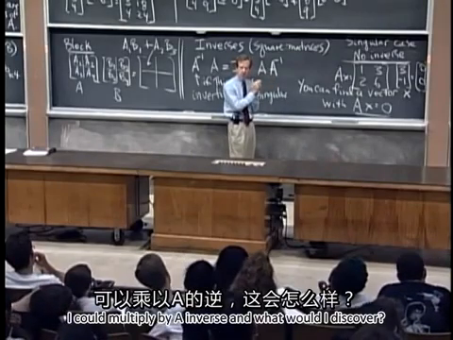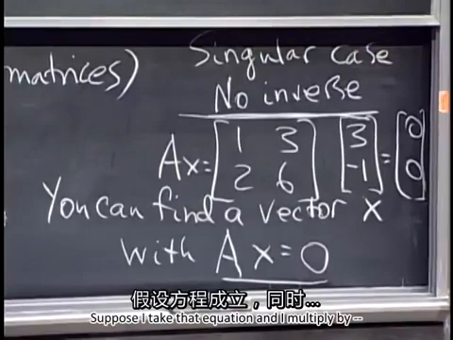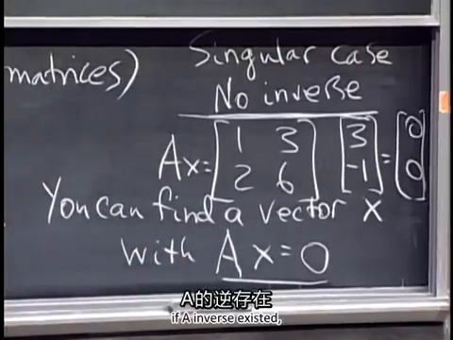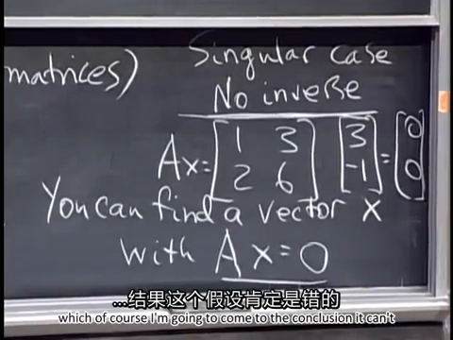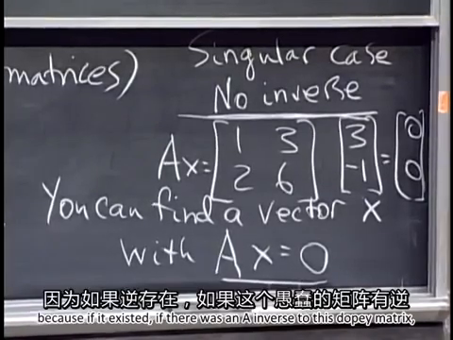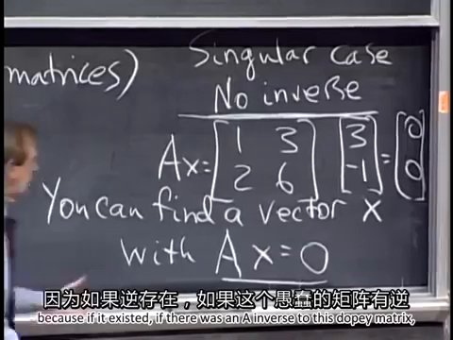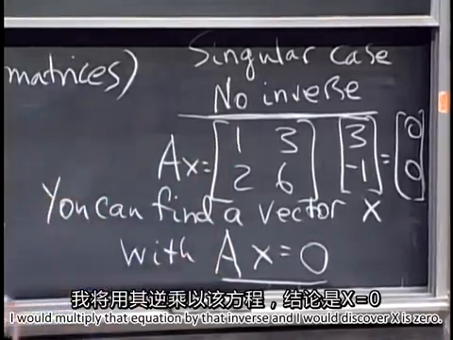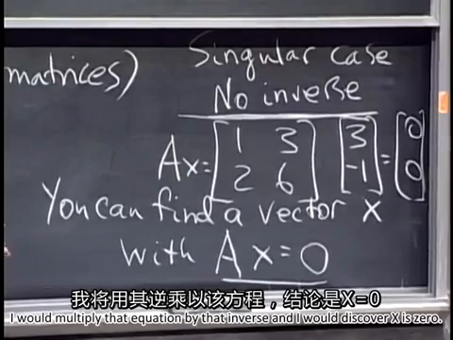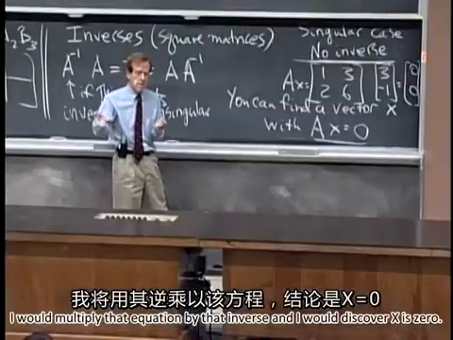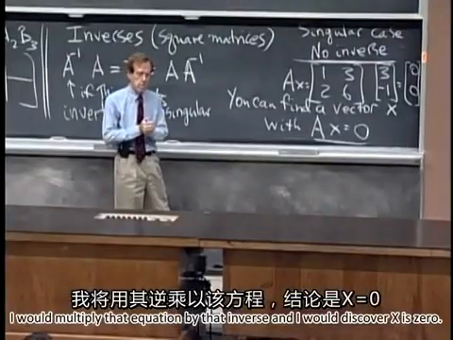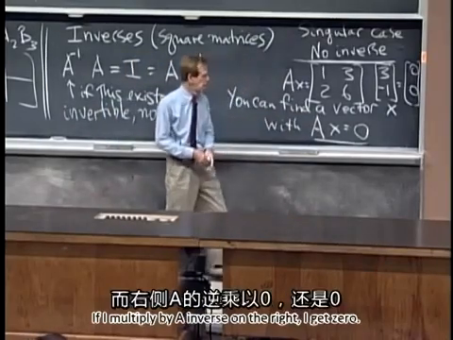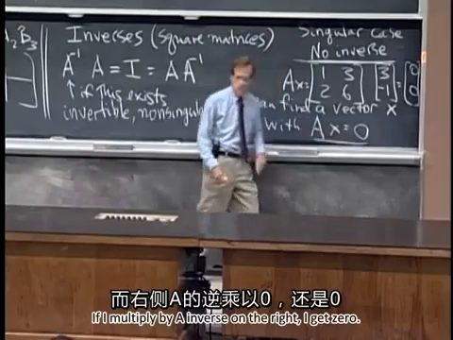If there was an A inverse to this dopey matrix, I would multiply that equation by it, and A inverse times A gives x on the left, while on the right I get 0.